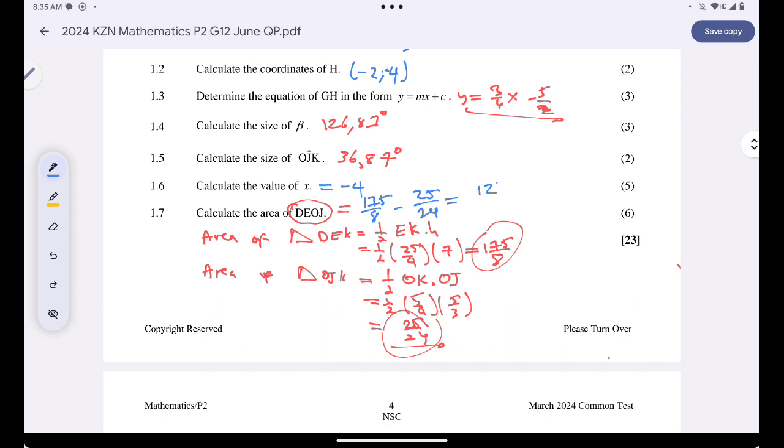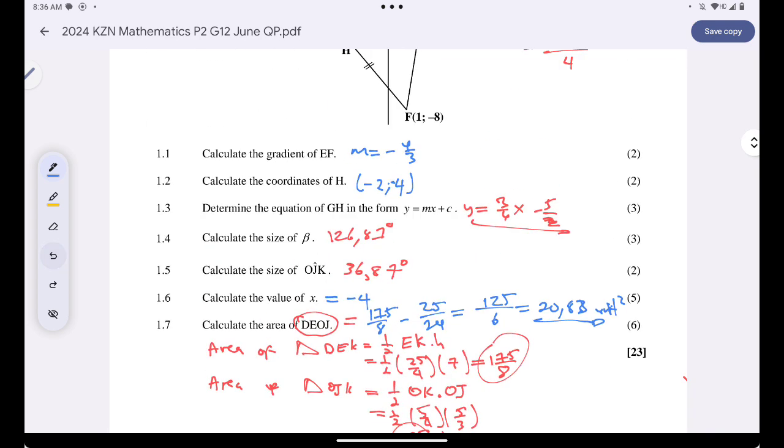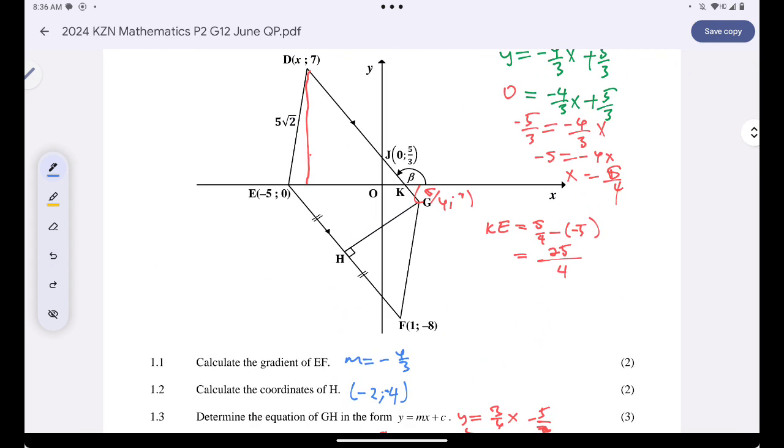I'll get 125 over 6, which is the same as 20.83 units squared. This is my area, guys. So that's how they found the area of that shape. All together. Just find the area of the bigger triangle, subtract this smaller area, you'll get the remaining area.